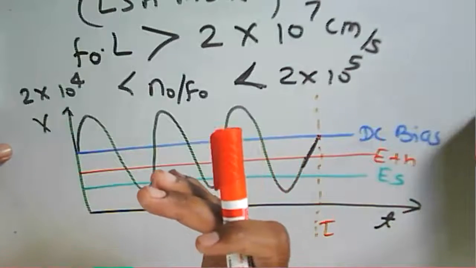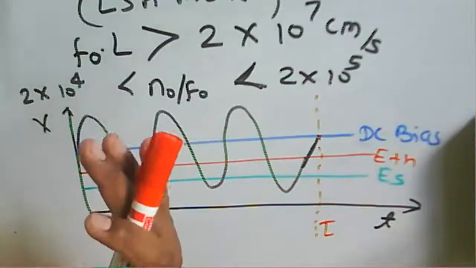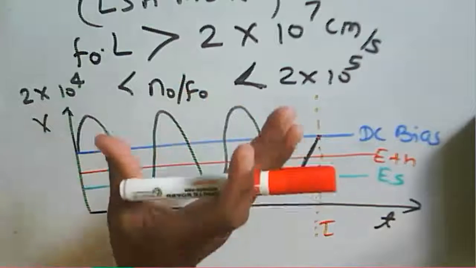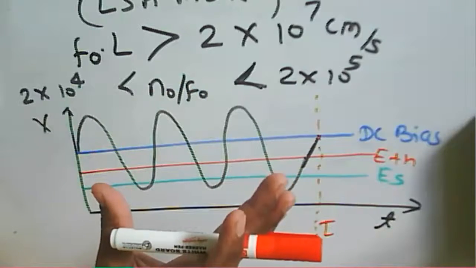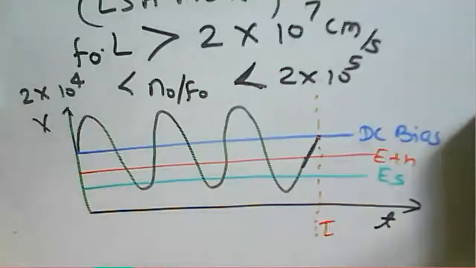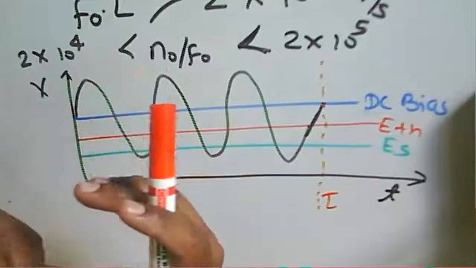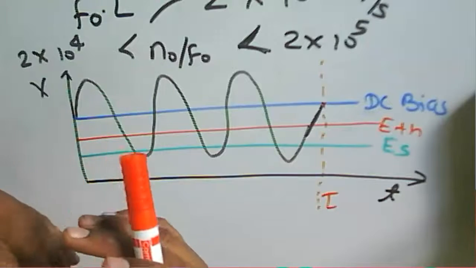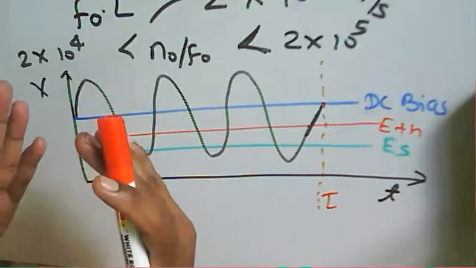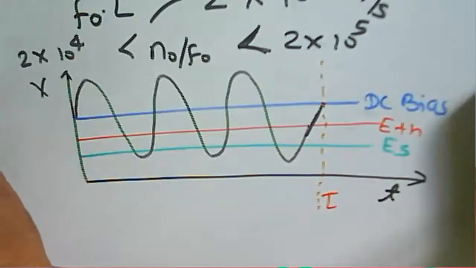Because of this domain growth and movement, the device works in the negative resistance region. When we apply a further bias in the given circuit, it again starts fluctuating, or oscillating.